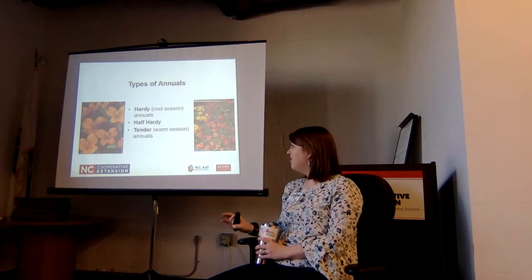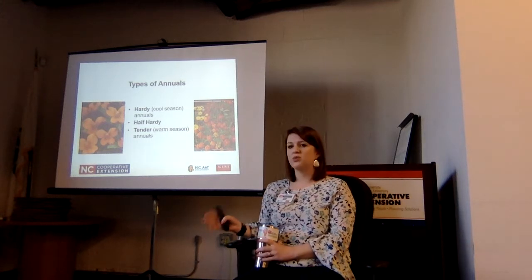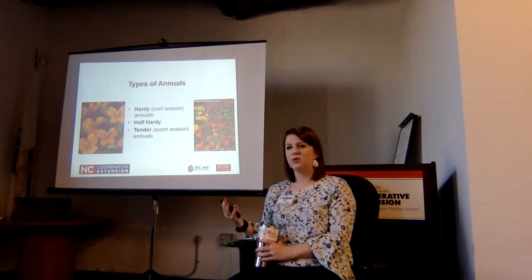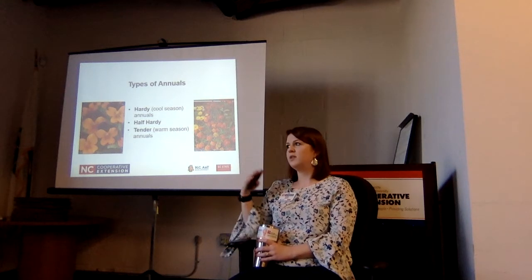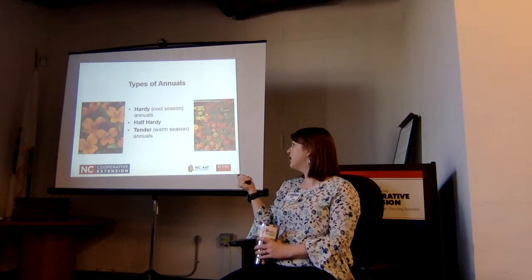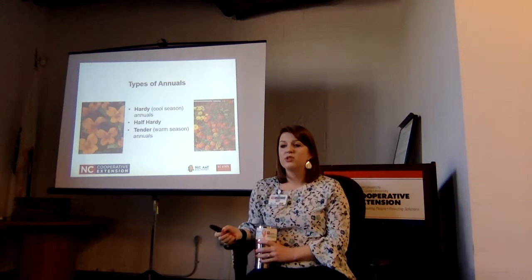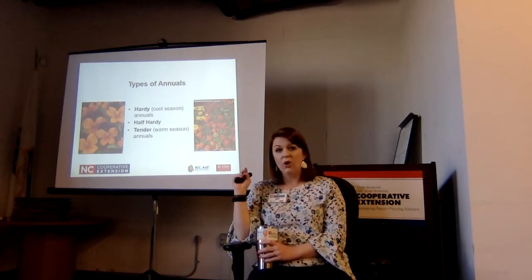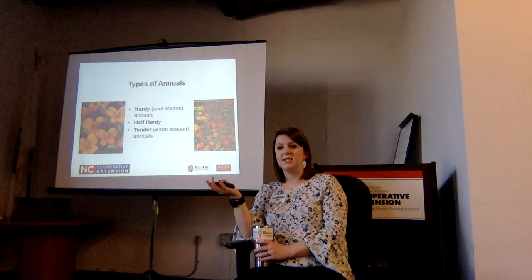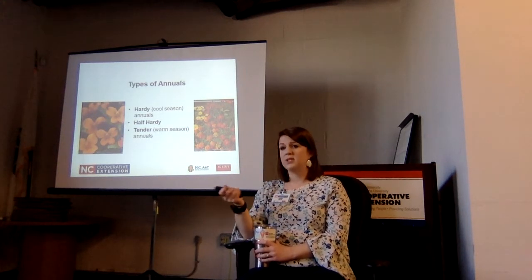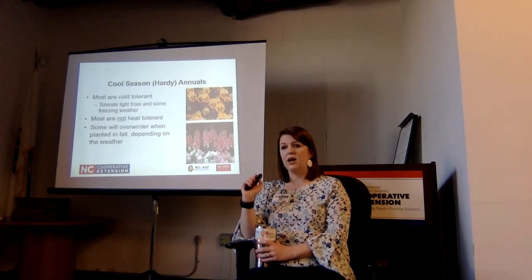Then you've got half hardy, which are borderline, oftentimes treated as annuals, between the hardy and the tender. But the 2 main ones are the hardy, and the tender, which are your warm season plants. I've got a picture up here of marigolds, which is your classic warm season plant, but there are several warm season plants out there.